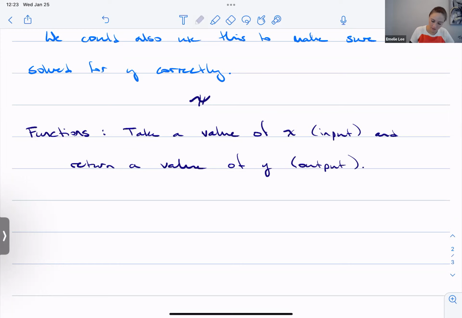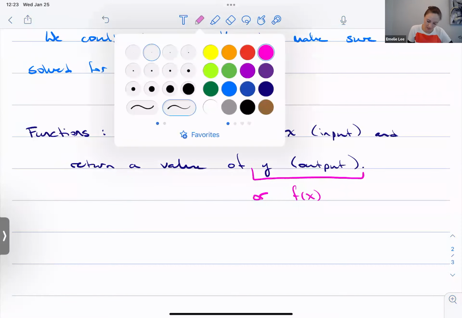Now here's the kicker. I think this is the part that used to confuse me the most: y is also sometimes called f of x. As soon as I see an f of x, I tend to swap it out for a y, at least in my mind, because for some reason, solving for f of x didn't make sense to me.